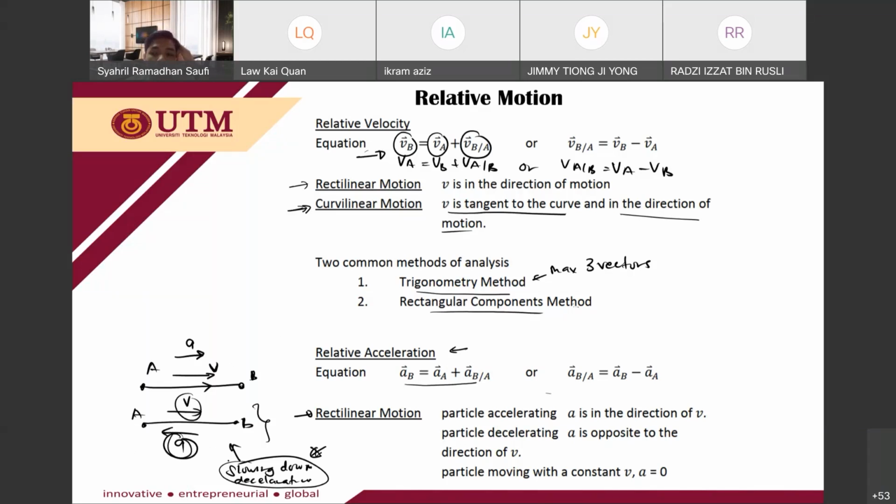If slowing down or decelerating, this tells you that the acceleration is in the opposite direction to V. If the particle moves with constant V, then you have zero acceleration.